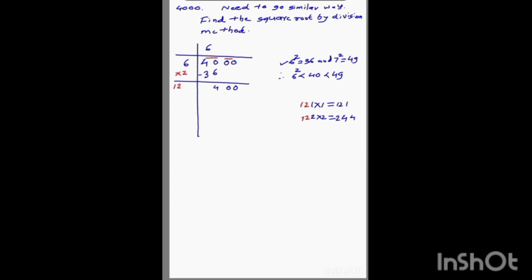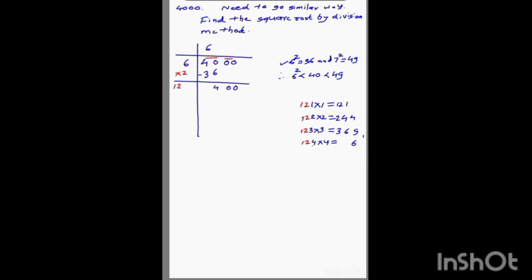122 into 2 is 244. 123 into 3 is 369. 124 into 4 is 496. See, that is how you have to go in this method. It's called the successive division method.